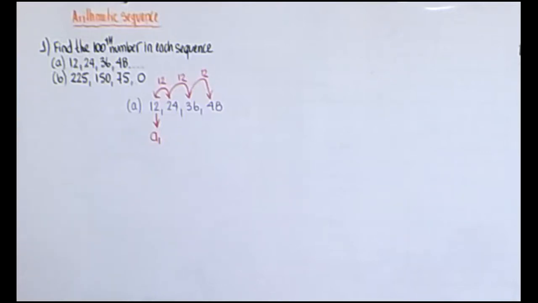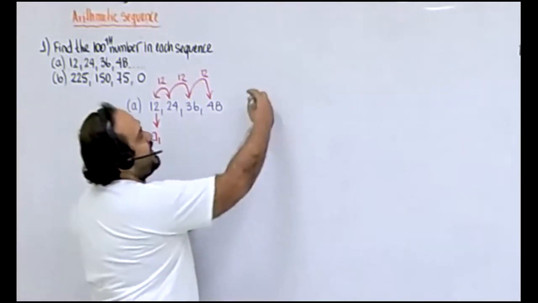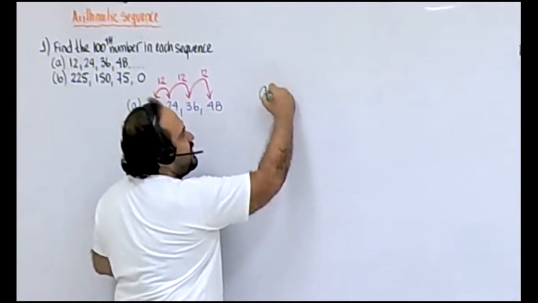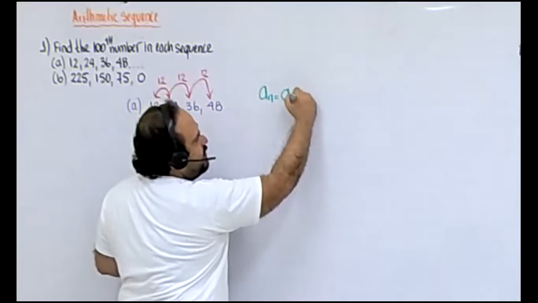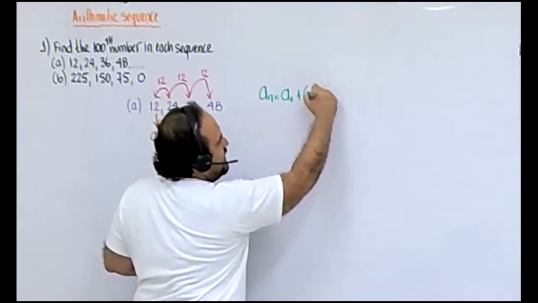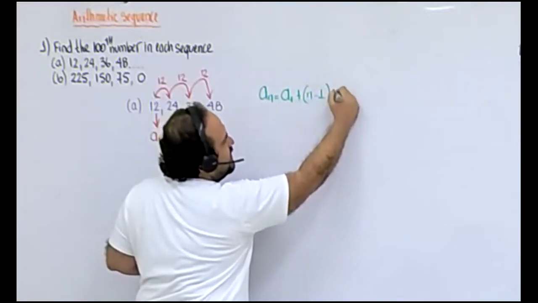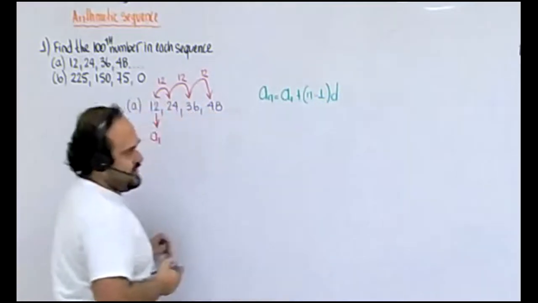This is what we call the nth term. Remember how we write the nth term. The nth term, or A sub n, is given by the following formula: A1 plus n minus 1 multiplied by d.